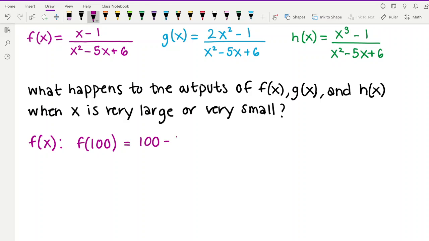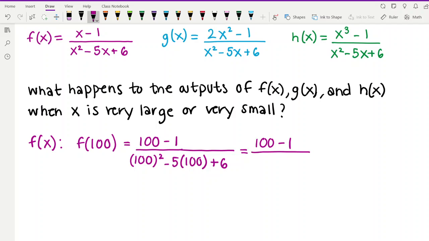Well, in the numerator, we'd have 100 minus 1. And in the denominator, we'd have 100 squared minus 5 times 100 plus 6. I'm not going to completely simplify this because I want to leave it written in this way to point some things out, but I am going to take this 100 and square it and clean up the denominator a little.